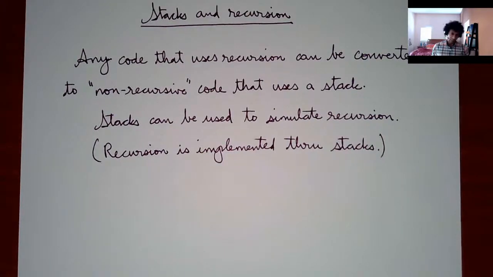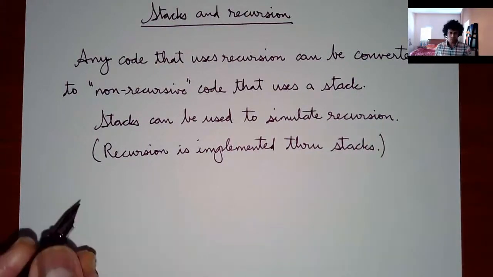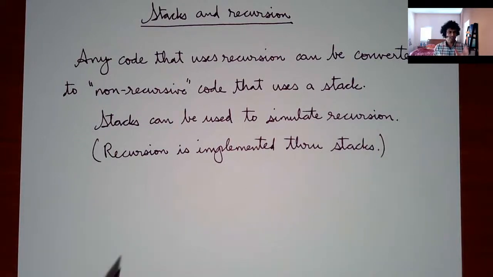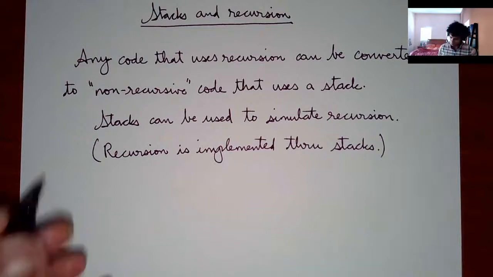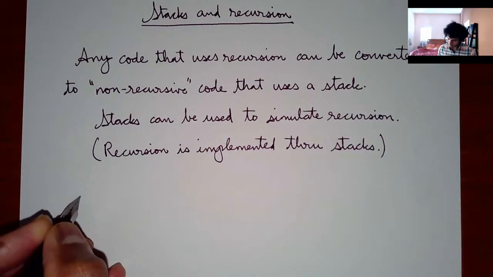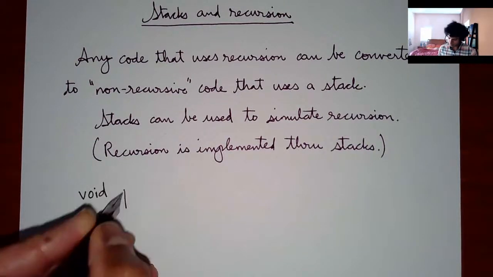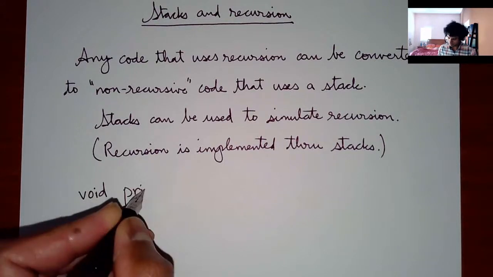So let me begin by describing a simple recursive algorithm. The reason I'm doing a simple recursive algorithm is so that we can unfold it completely, and then we'll see what's going on with the stacks. I'm going to write a function called print reverse.